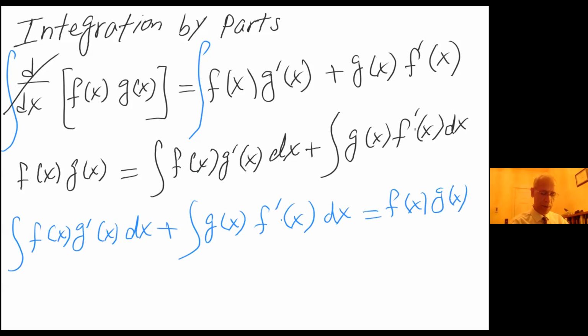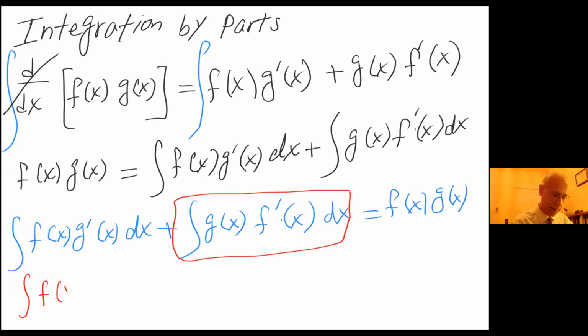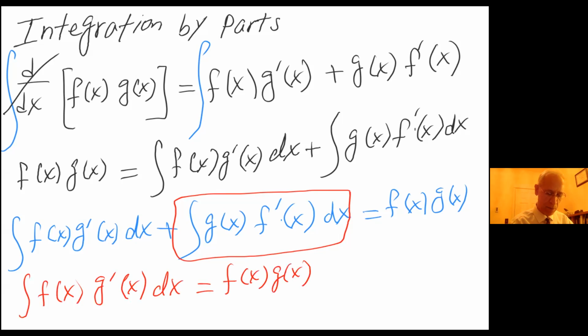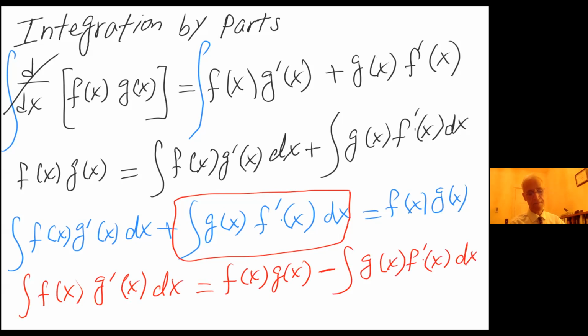And now I'm going to subtract this part from both sides. So now if I do that, I will get integral of f of x, g prime of x, dx equal the product of f of x, g of x minus integral of g of x, f prime of x, dx.